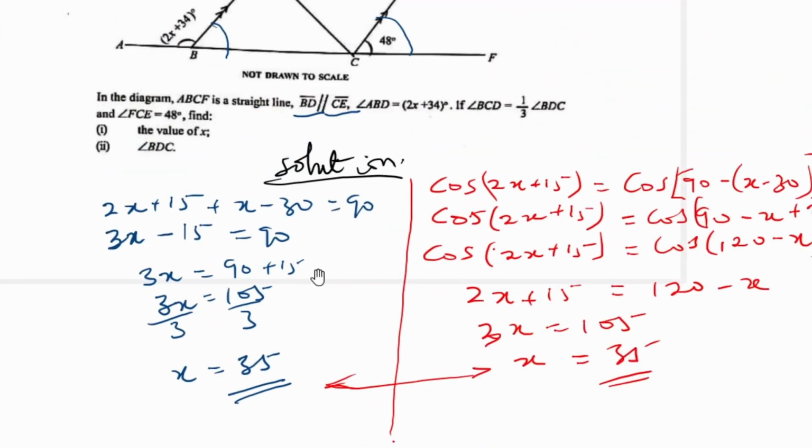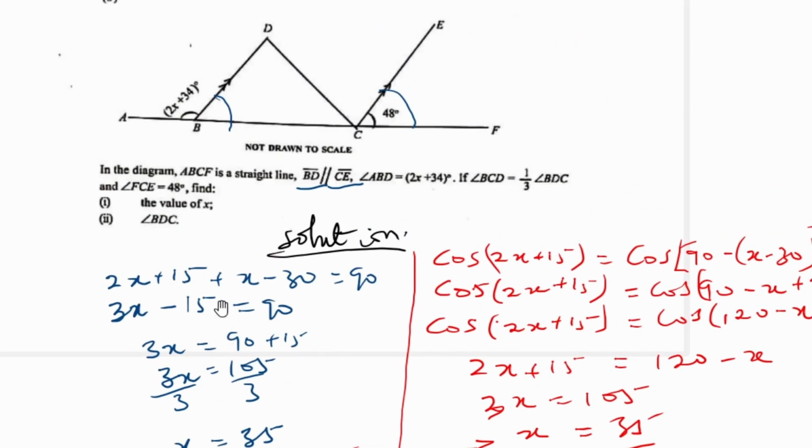And the second part is for us to find the value of angle BDC. What is BDC? BDC, right? So this is it. Maybe let's just call it y for now. And this is the time for us to use this information given us in the question, that angle BCD is 1/3 of angle BDC. This is BDC, and then BCD.